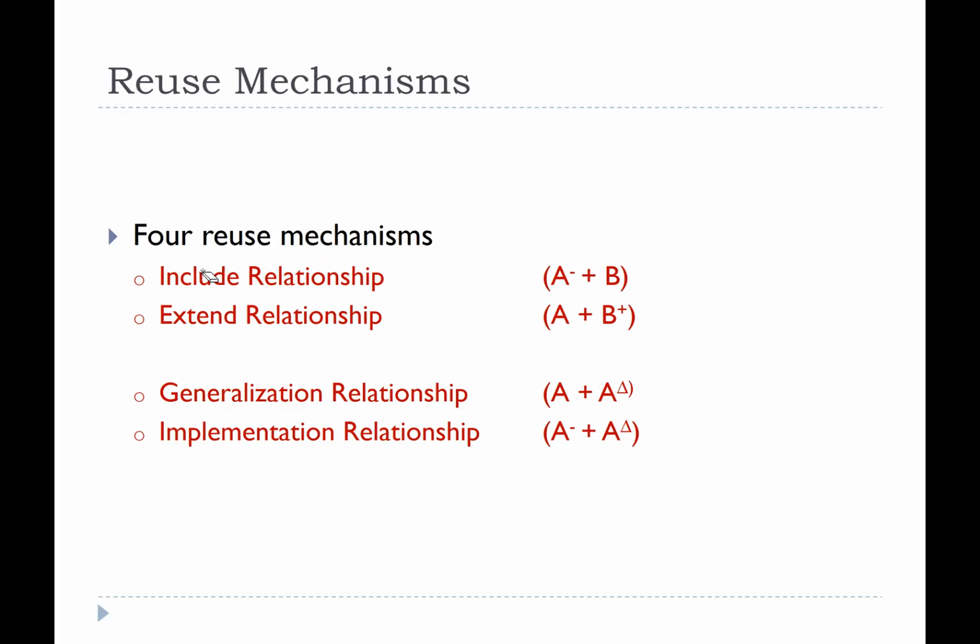All right. Now, talking about the cousins again. We said the include and the extend are one pair of cousins because they're adding two different types of use cases. Whereas the generalization and implementation are fleshing out or adding two different use cases of the same family.